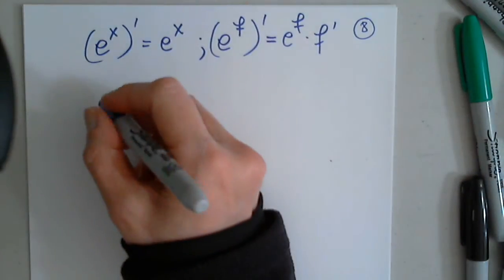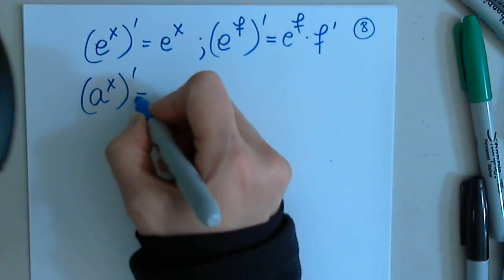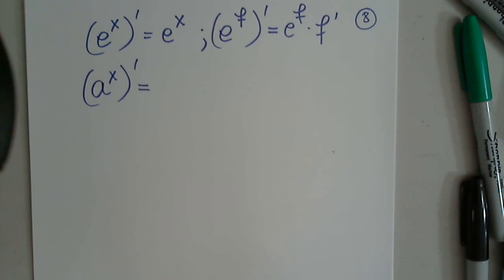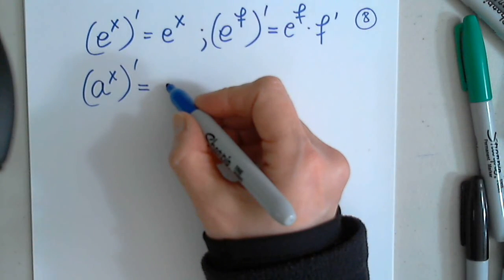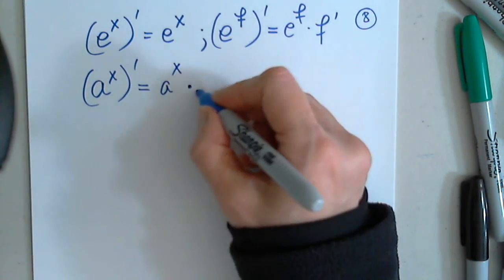Okay. What about a to the x prime? What did we say about this? Would it be a to the x times natural log of a?